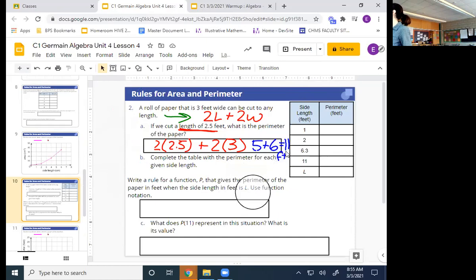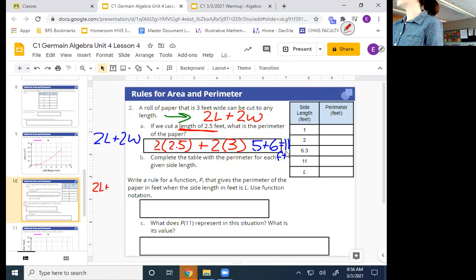I'm going to try to put some space to show some work. Nice job, Peyton. Oh, Peyton is on a roll.